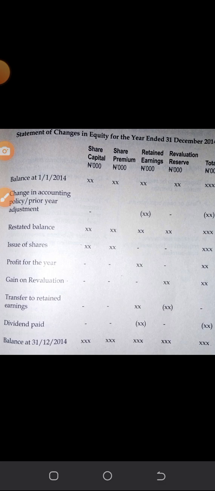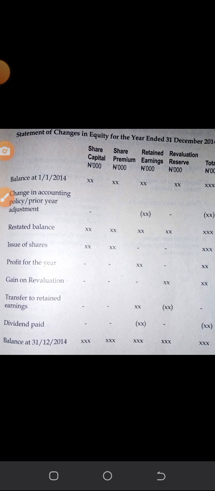That's the first one. Then the second thing that you do is always going to be under retained earnings. If there are changes in accounting policy or prior year adjustment, you make adjustment to retained earnings due to changes in policy or changes in your accounting estimates.